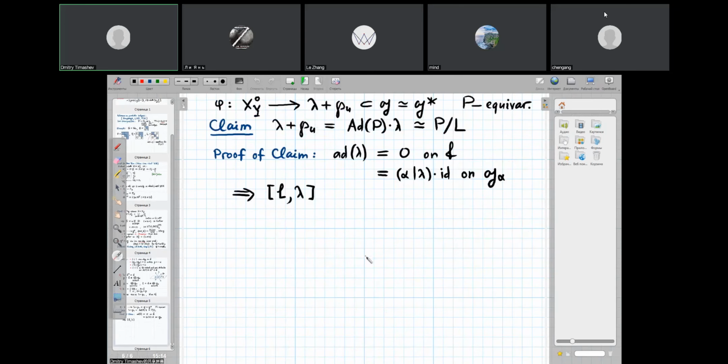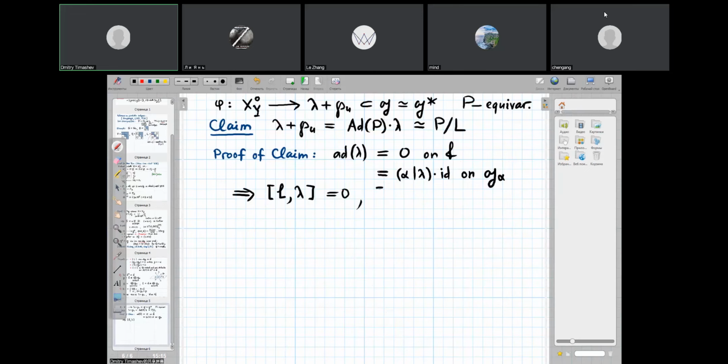Okay, so let's come back to the proof of the claim. Now, these two formulae imply immediately that if you commute the Lie algebra of the Levi with lambda, then we get 0.